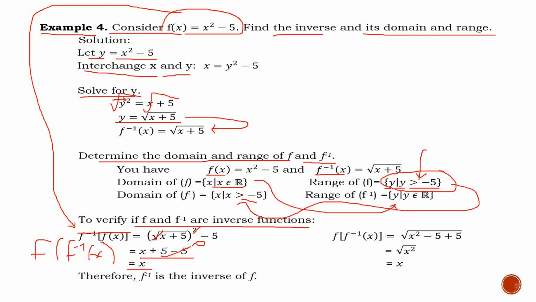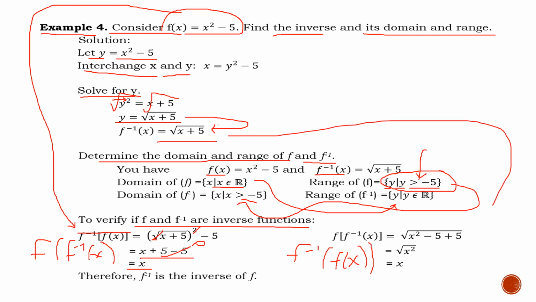Now with this one, that will be your f raised to negative 1 of f of x. Our pattern for this one is the computed value for your inverse function. So we just simply replace this variable in your inverse function using your original function. That's why it becomes square root of x squared minus 5 plus 5.